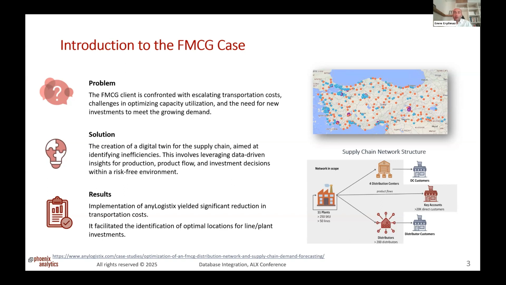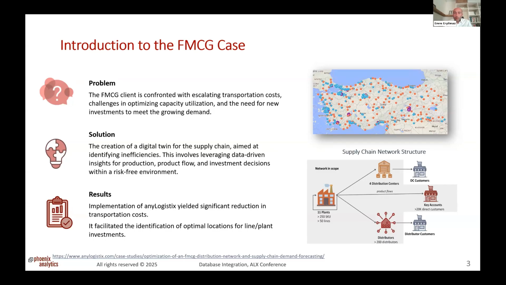And our optimization covers the gray area in the chart here. So it includes plants, distribution between plants, plant to key accounts, plant to distributors, and plant to distribution centers.